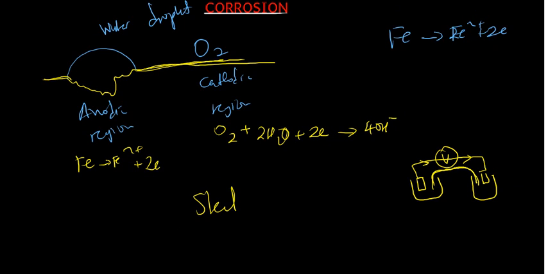Still, even if you coat it, there are some portions where you've got a lot of iron, because steel has different compositions. We know that steel is made up of iron, chromium, sulfur, phosphorus, and such elements. So the points where oxidation can easily occur are called anodic regions.